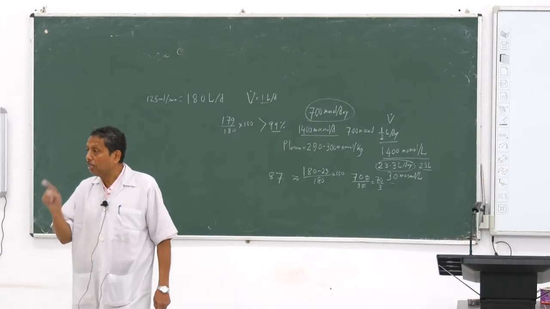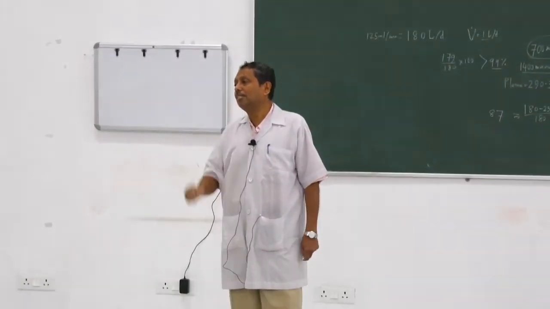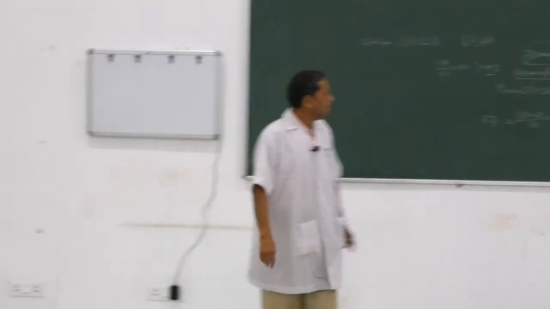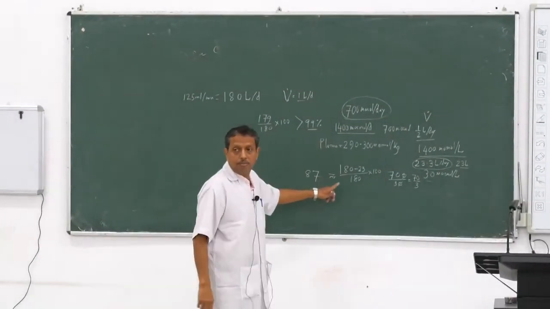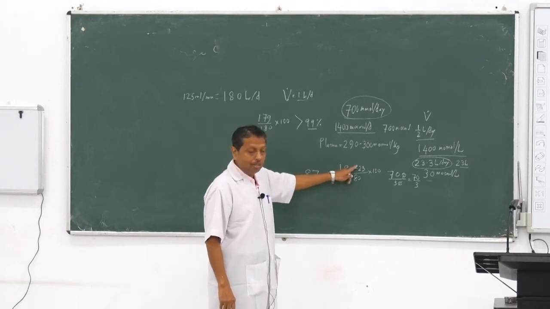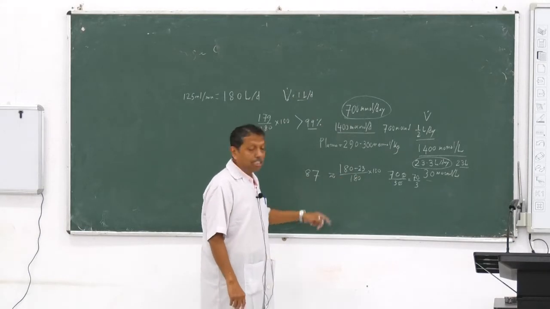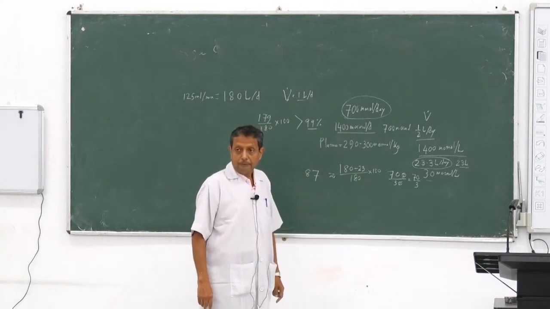So whenever the urine is maximally dilute, even in that condition, 87% is reabsorbed, and you can calculate it in this way: 180 minus 23 divided by 180, and it will be near 87%.